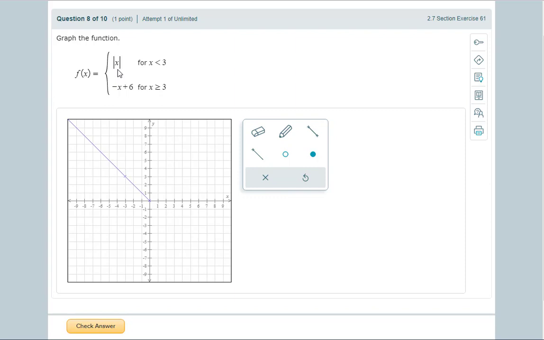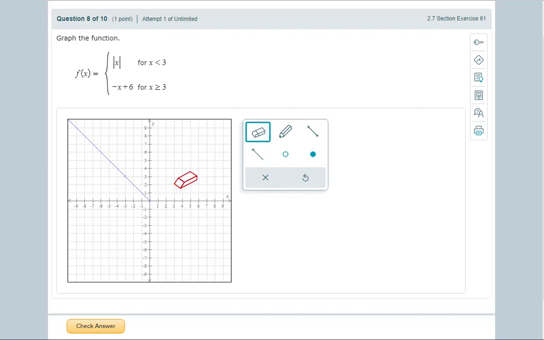Now the next piece is going to stop at 3. So I need something that's going to go from the origin up to 3, 3. That's where I use this tool now to go from the origin up to 3, 3. Now, that's not right. I didn't go high enough, so I need to erase it.